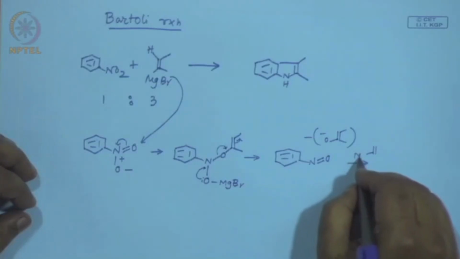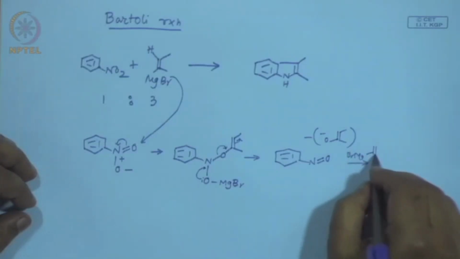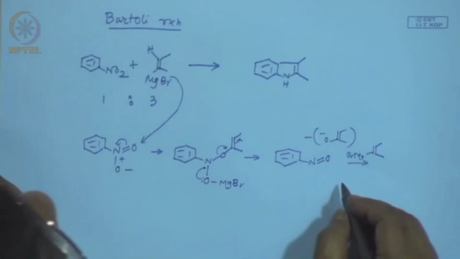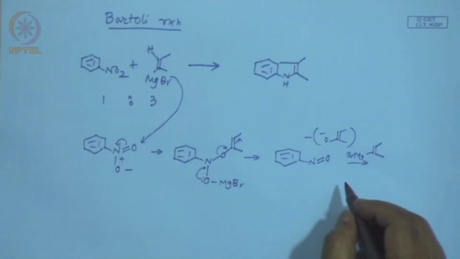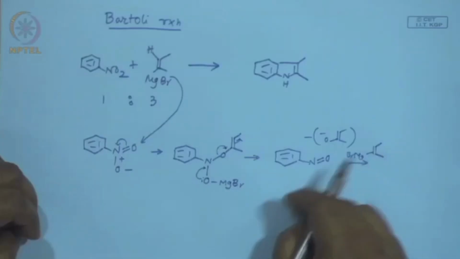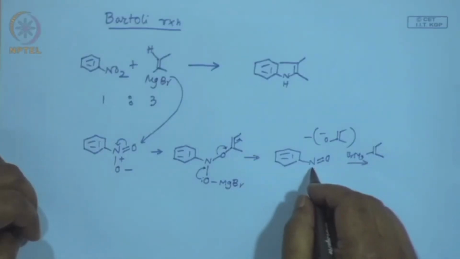You can expect one more equivalent. The first equivalent is consumed, then the second equivalent. Mind it, nitrosobenzene has a unique property. Many of you probably know it can be used as a Diels-Alder dienophile, with the reaction taking place across the nitrogen-oxygen double bond.